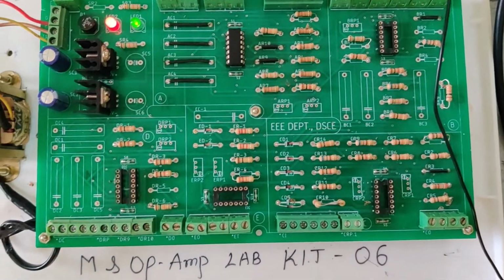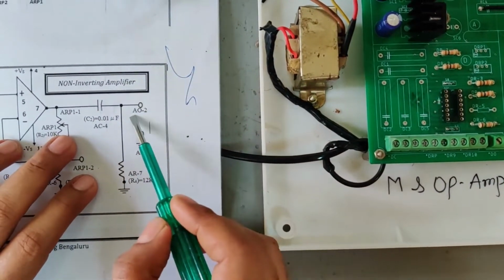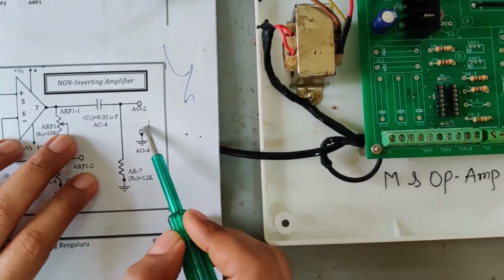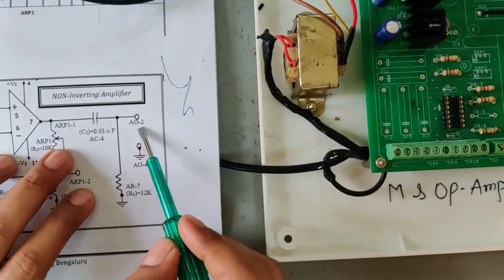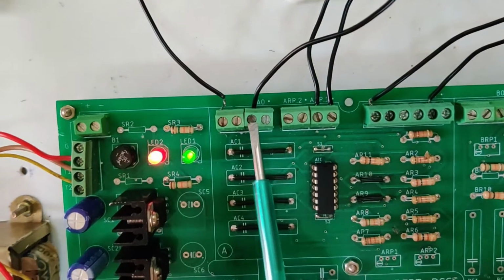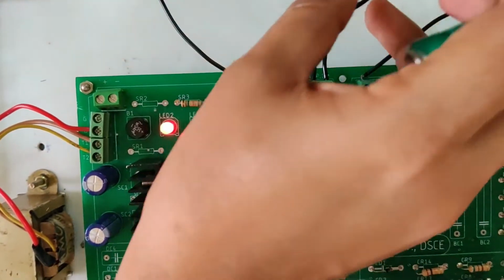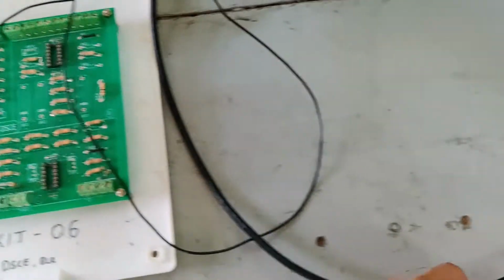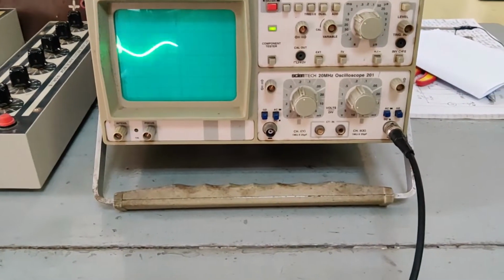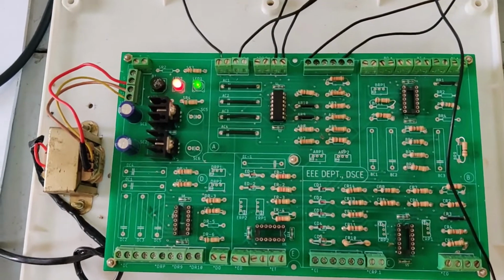And finally from this point of AR7 we are taking the output, that is, the output is connected to the CRO at these 2 points, AO2 and AO4. So here we have connected the output, that is AO2 and AO4 grounding point. These 2 connections are coming from your CRO output. So these are the connections for this non-inverting amplifier circuit.